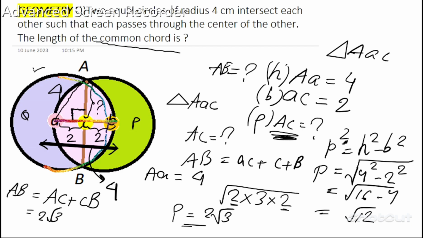And CB, which is the same triangle but on the lower side, is again 2 root 3. For this triangle as well, the perpendicular is going to be 2 root 3 because it's just the same triangle divided in 4 parts. So you get 2 root 3 plus 2 root 3, 4 root 3. That is the length of your common chord, which is 4 root 3.